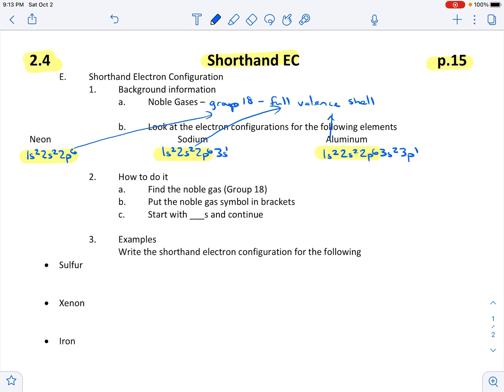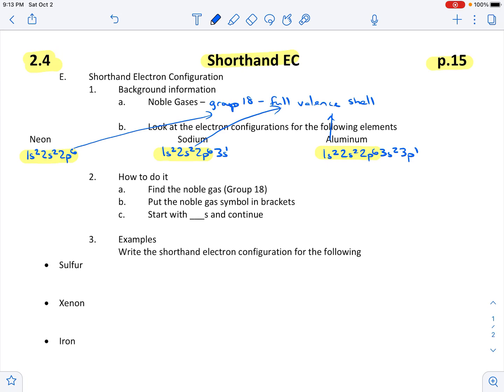So that's our way of getting away with using the noble gas prior to it, which is full. How we do it is we find the noble gas prior to it in group 18. Remember, group 18 is our noble gases. If we have not numbered that on our periodic table, it is the far right hand column with helium, neon, argon, krypton, xenon, and radon.